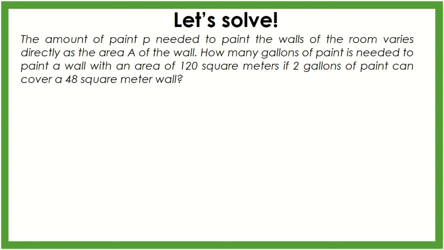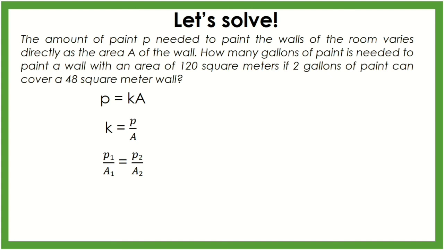So, una, itatranslate natin P equals K times A. So, P varies directly as A. And then, K equals P over A. So, we have now the proportion P sub 1 over A sub 1 equals P sub 2 over A sub 2.